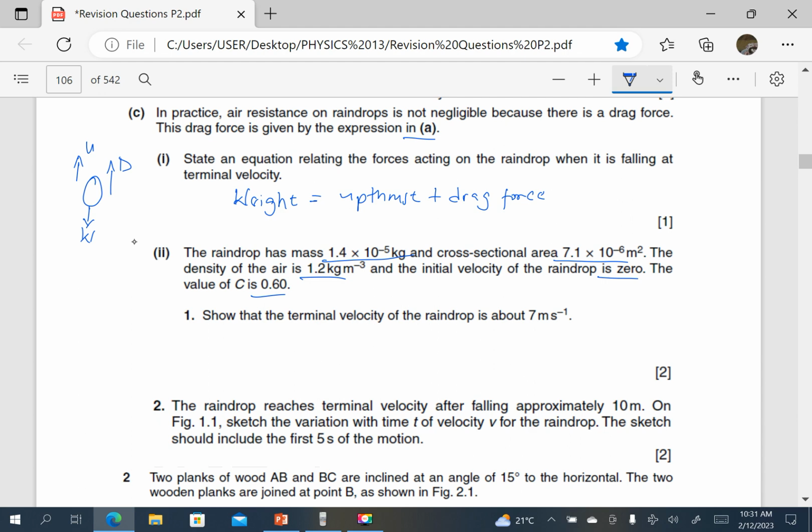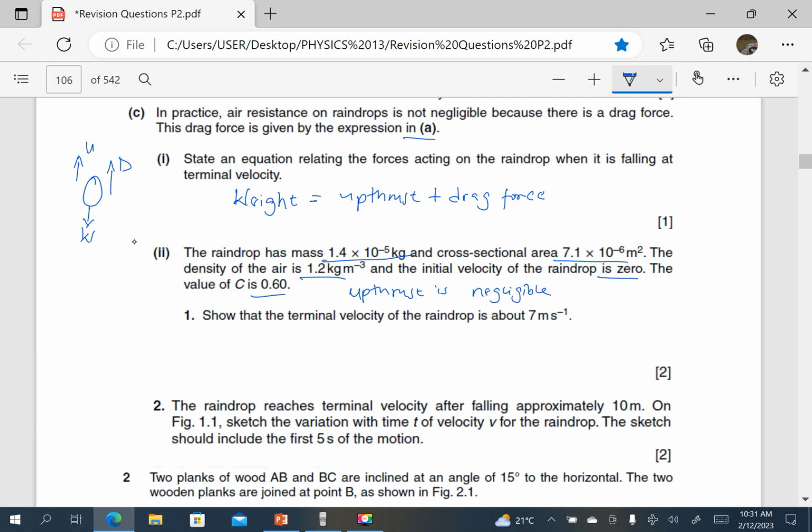So when you look at the cross-sectional area of the raindrop, it is too small. That means the upthrust is going to be extremely small and negligible. So to begin with, I would say the upthrust is negligible because the cross-sectional area is very small.